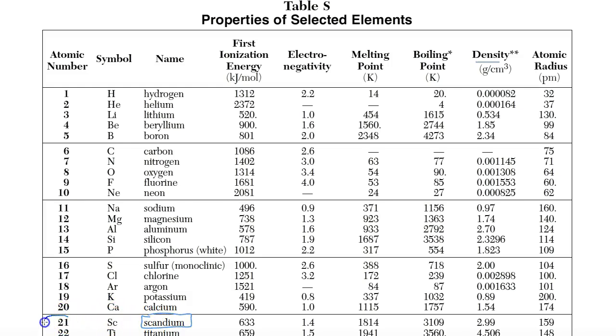I don't have to go back to the periodic table, because every single element has a unique atomic number, and the atomic number equals the protons, which have to equal the electrons.